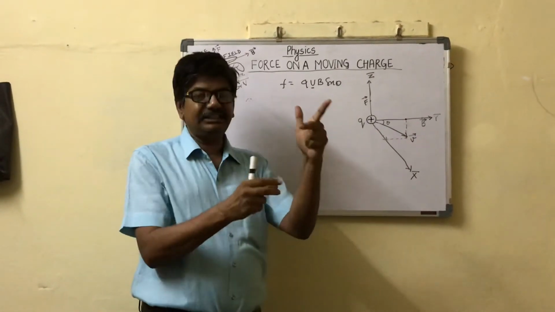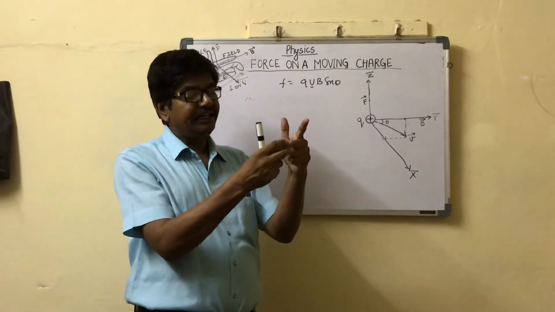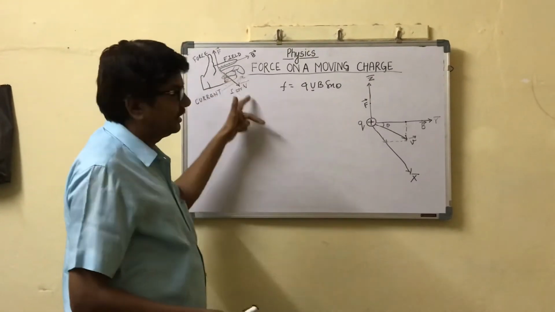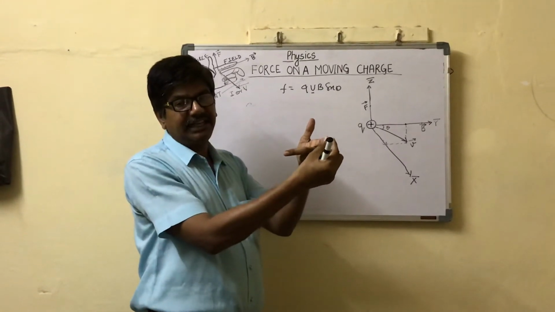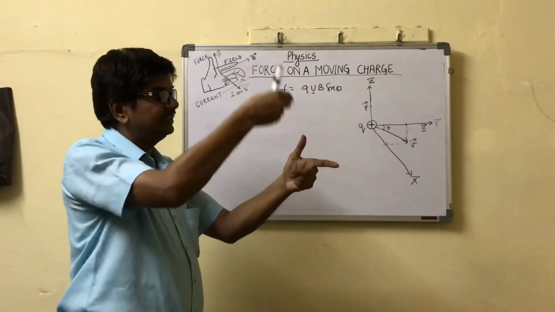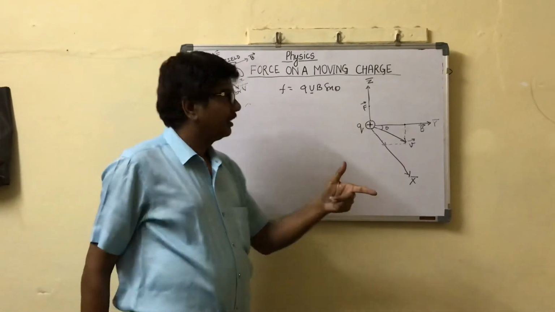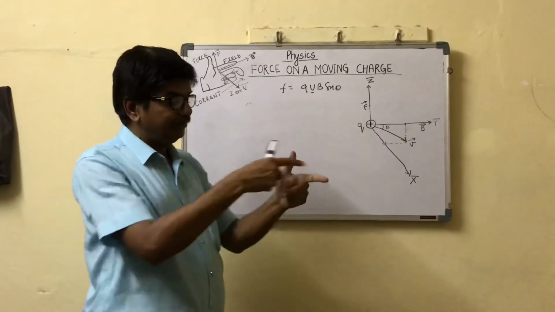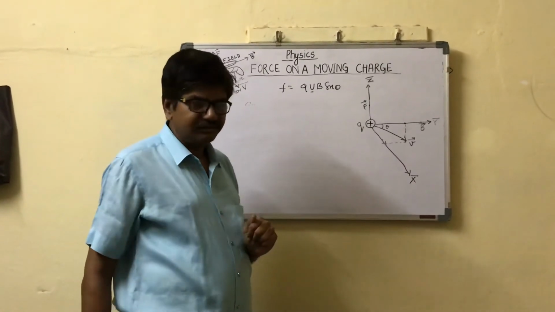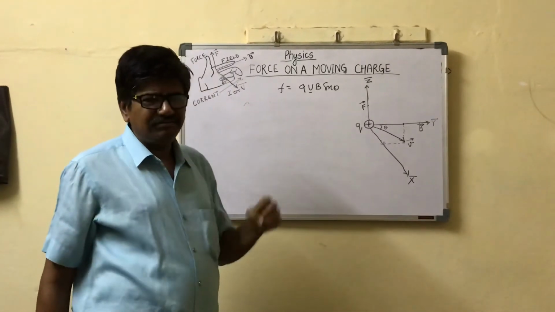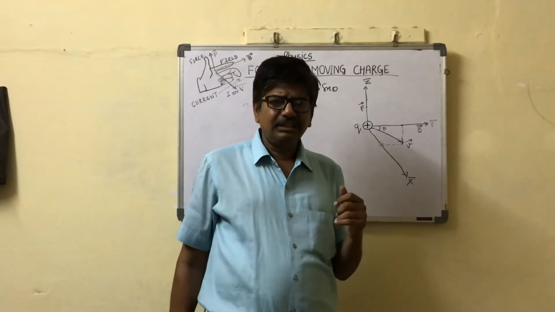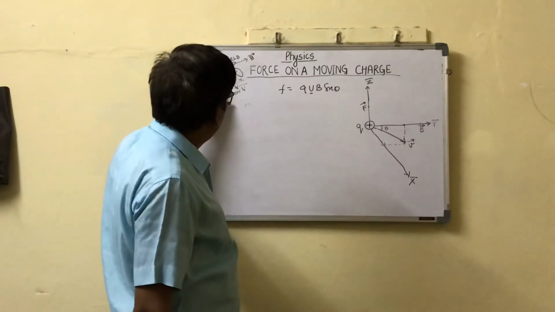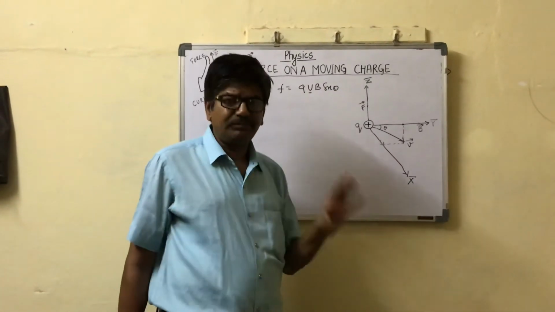The center finger indicates current and velocity, the forefinger indicates the direction of magnetic field, and the thumb indicates force. They are mutually perpendicular to each other. Now second, the right hand palm rule. Clear? So Fleming's left hand rule and the right hand palm rule.